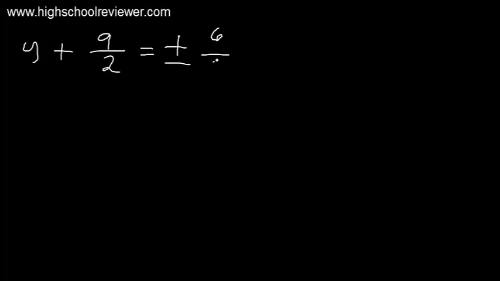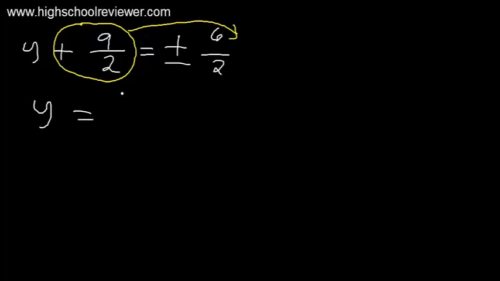6 all over 2. So to solve for y now, we need to transpose positive 9 over 2 to the other side. What will be left on the left side will now be y equals plus minus 6 all over 2. If we transpose plus 9 over 2, this will change sign. This will now become negative 9 over 2.